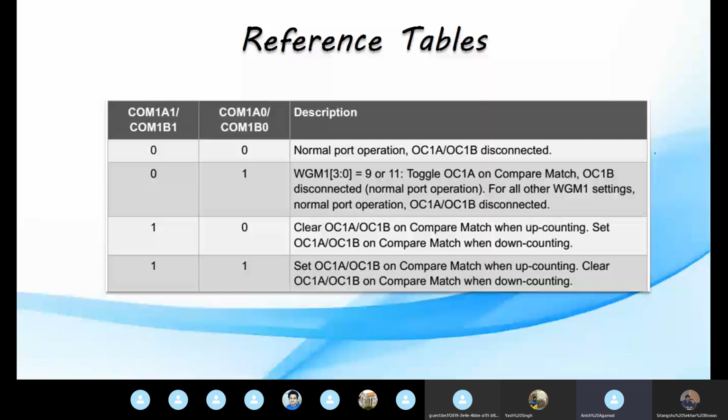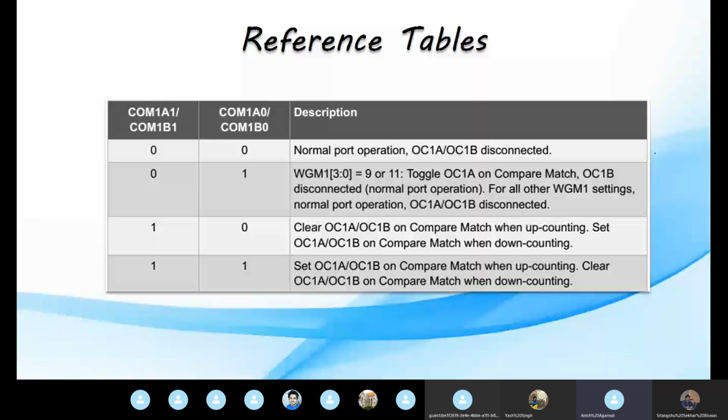You see we had set the TCCR1A as 1110. I told you that the 7th and the 6th bit represent the mode of operation for the OC1A wave.